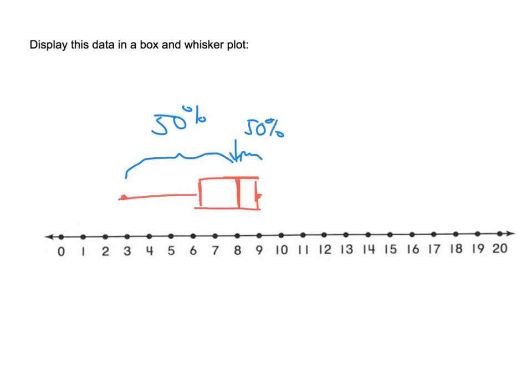Then what we said was, well, half of the lower half, which is 1/4, is right in here. So that's 25% of our data. There's another 25 right in here, another 25 right here, and then 25% of our classmates, or over 25% of them, said that they get 9 hours of sleep at night.